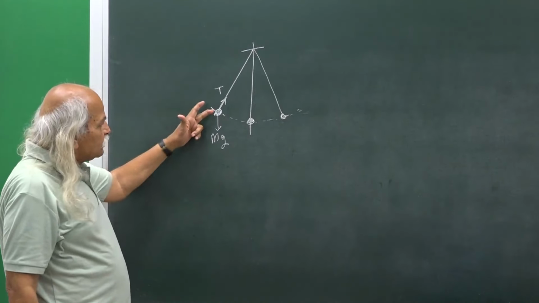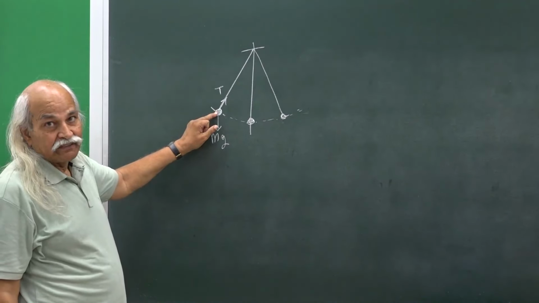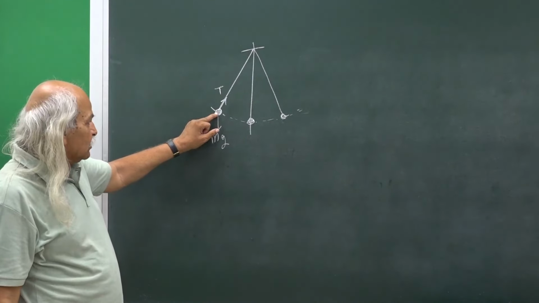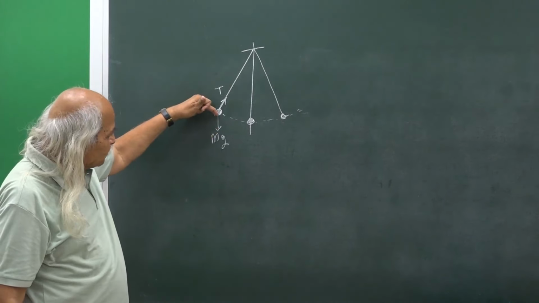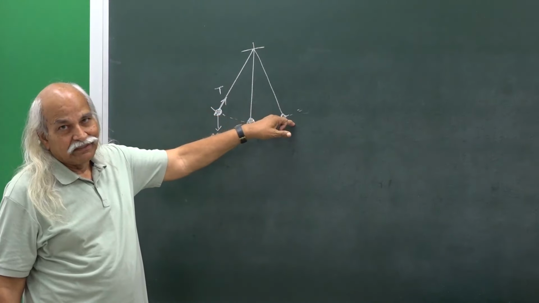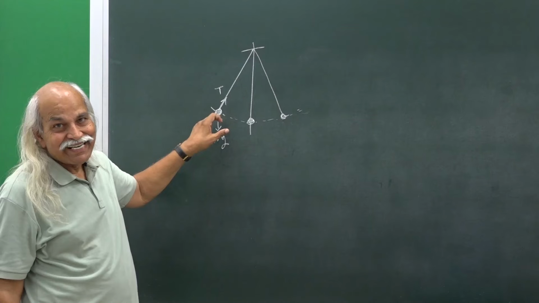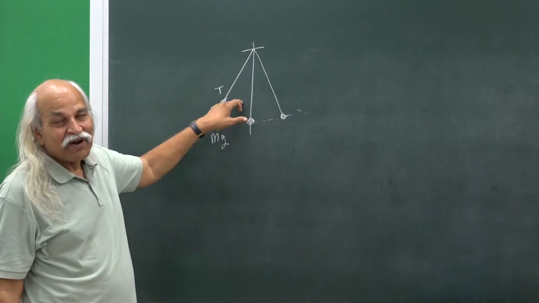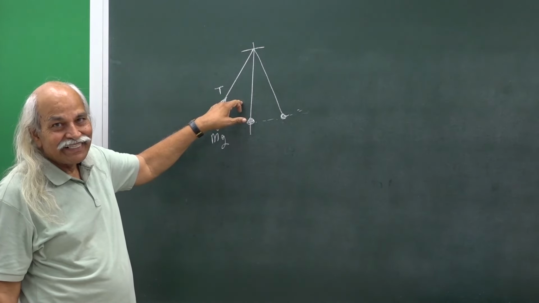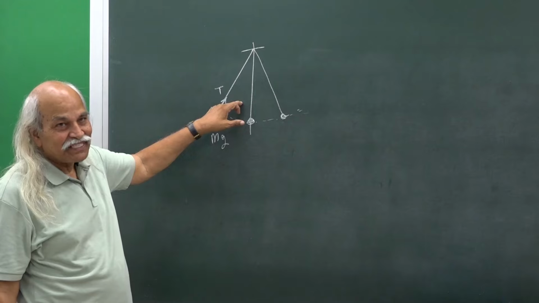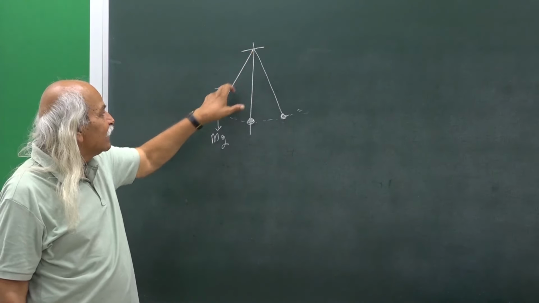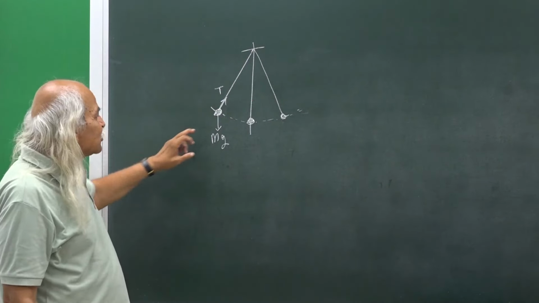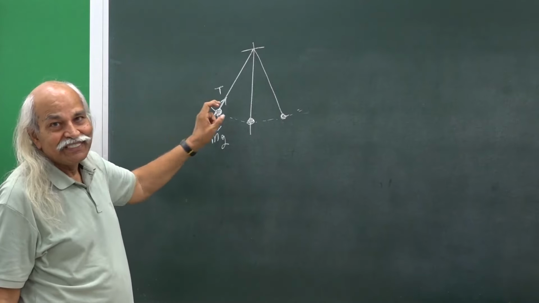Let me first talk of one of the extreme positions. Since it is going on a circular path, you must have a radial acceleration. The component of acceleration towards the center, along this radius, should be v square by r, where v is the speed.